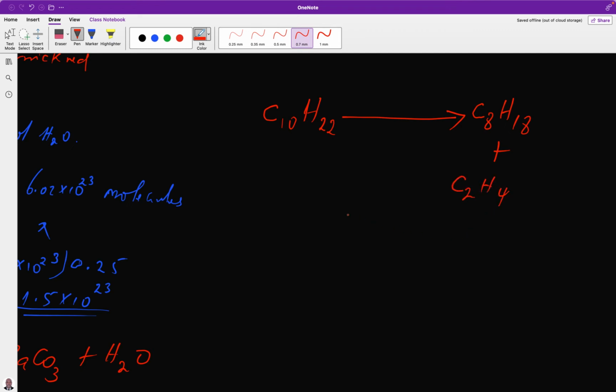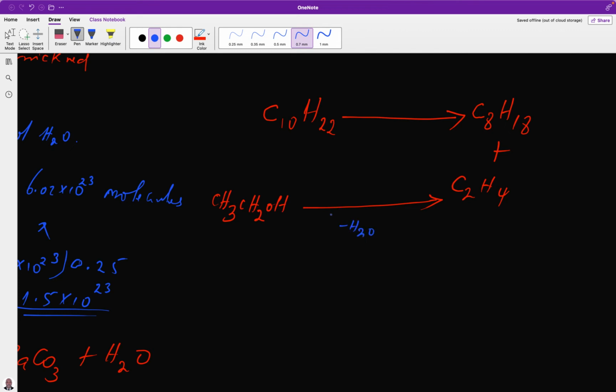Then there is another compound that undergoes dehydration, and in that case I will call it ethanol. Ethanol is CH3CH2OH. It will undergo dehydration to produce ethene. That is minus a molecule of water.